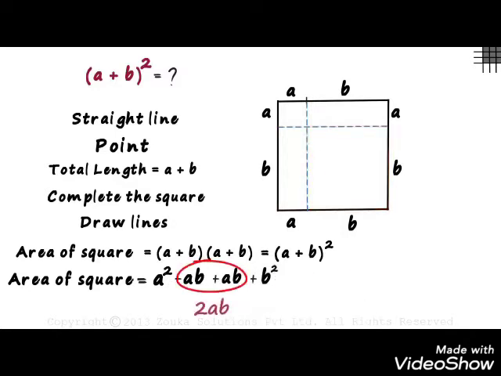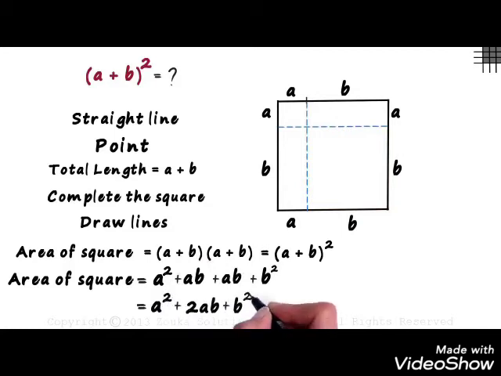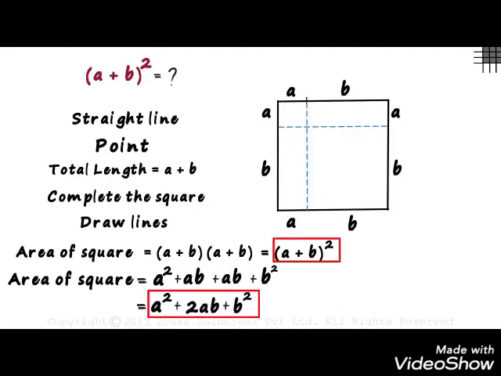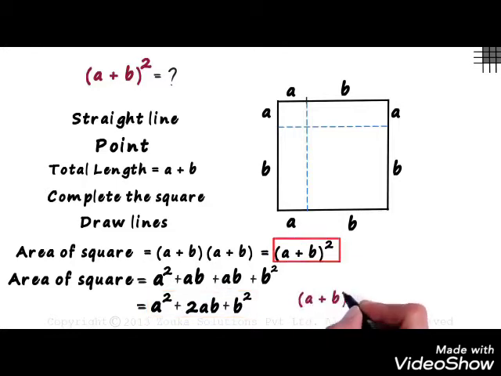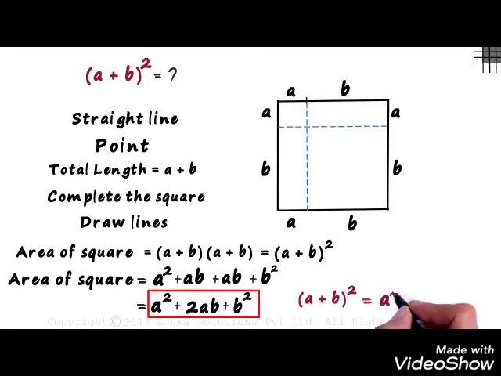This is 2ab, and the area can be written as a squared plus 2ab plus b squared. These two have to be equal as they are the area of the same square. Equating these two, we get the identity a plus b the whole squared equal to a squared plus 2ab plus b squared.